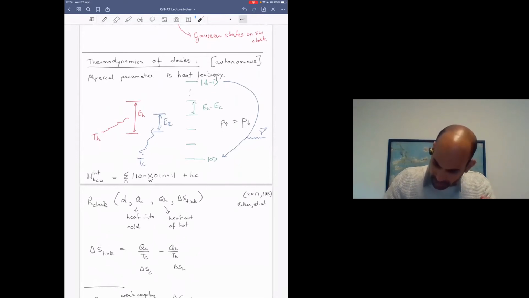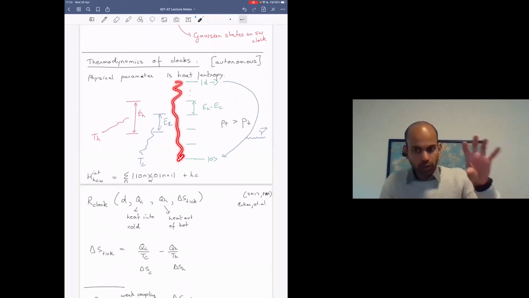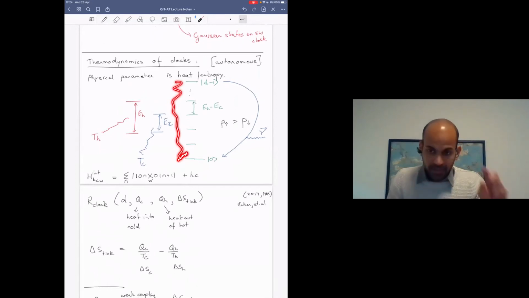The way in which you can understand this clock is as the following division. On the one hand, you have a machine which is composed of the hot and the cold qubits, and together they create a virtual qubit that has the same gap as the gap of the ladder. This is the way we've understood throughout this course all of the thermodynamic operations and the operations of autonomous thermal machines. Now, this virtual qubit essentially induces this ladder to either go up or to go down.